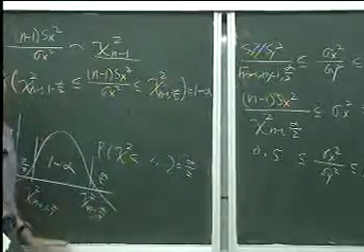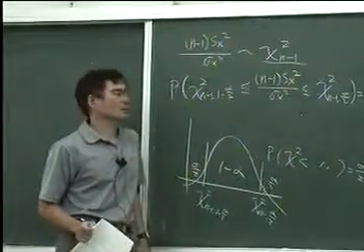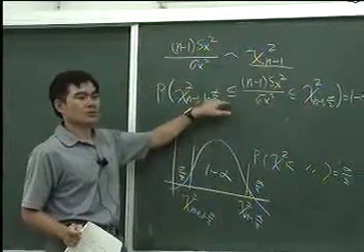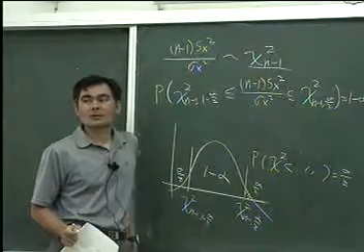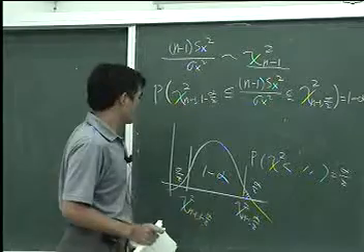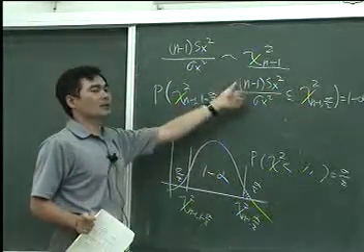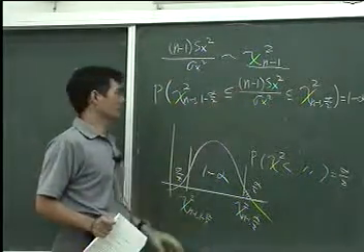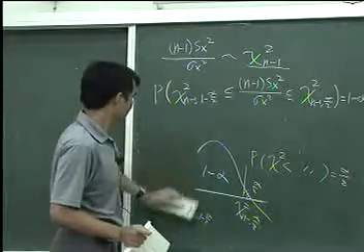We want to get the interval estimate for the chi-square distribution. Any questions? Now we want to manipulate this formula.